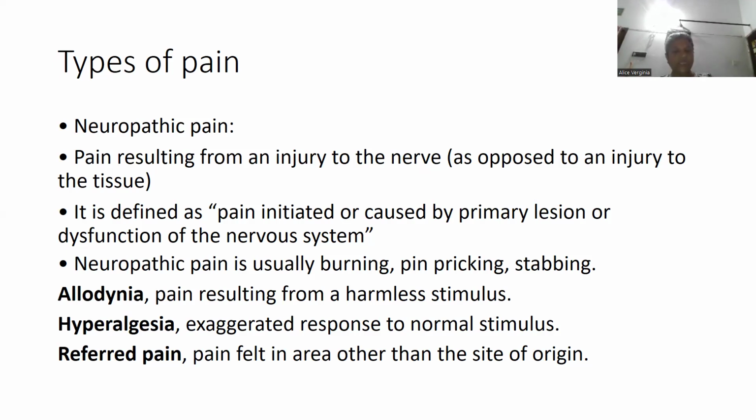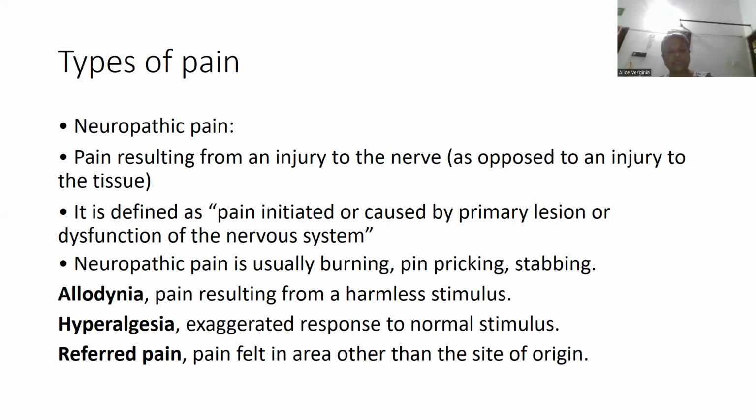So, what is allodynia? It is a pain resulting from a harmless stimulus. And hyperalgesia is an exaggerated response to a normal stimulus. Like recently, if there is a burnt area of the skin, okay, and when I touch, the touching itself will cause a pain.